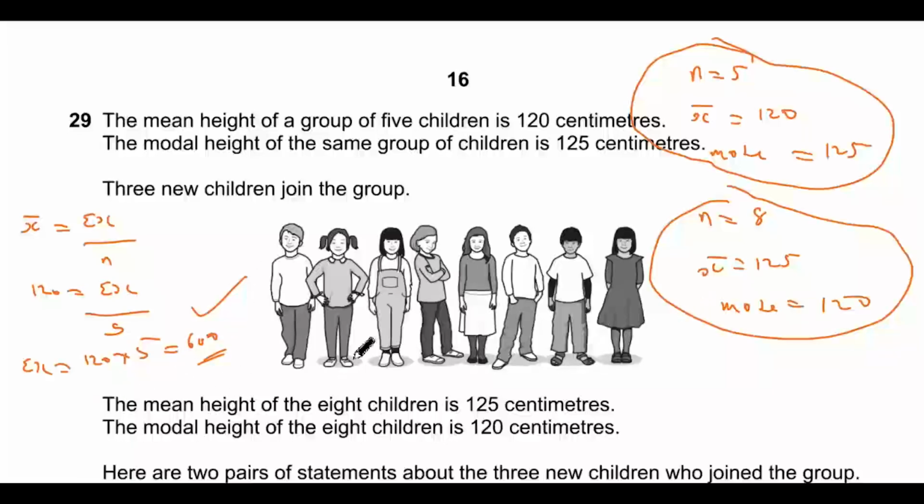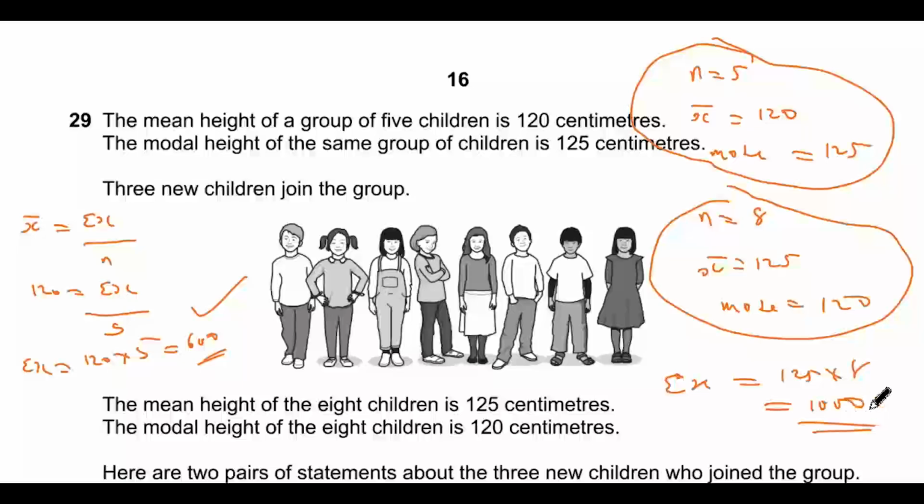For the second group, when n equals 8, I can write here by this side. The summation of their heights will just be 125 times 8. Of course, this will give us 1,000. So that means the sum of the heights of the 3 girls that join them will be 400.